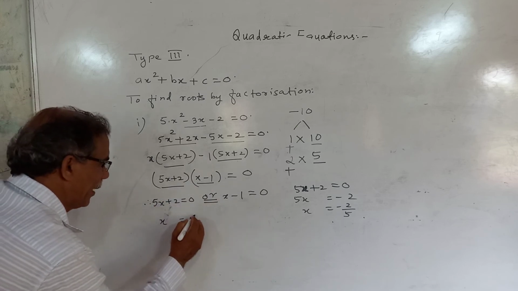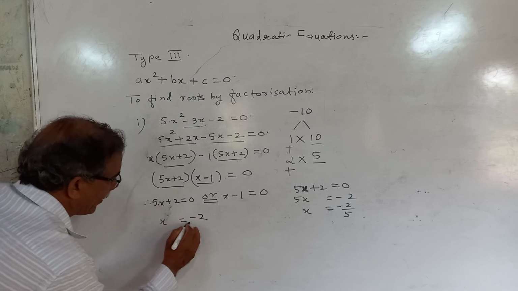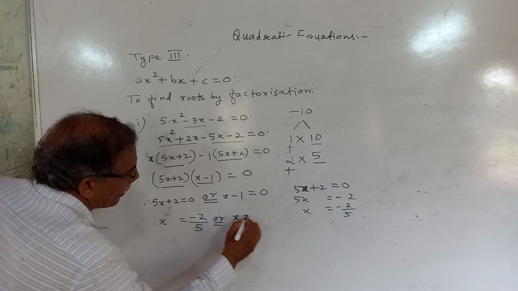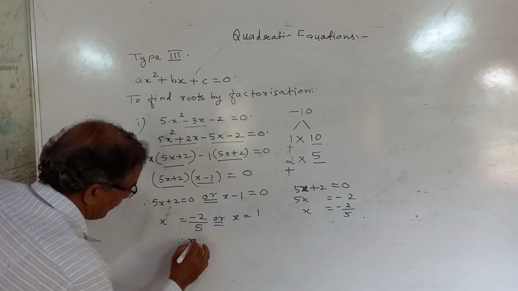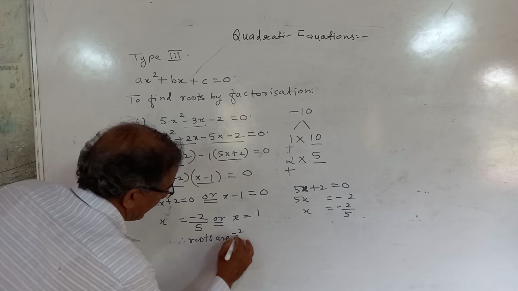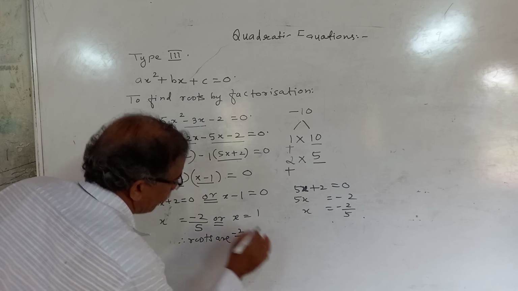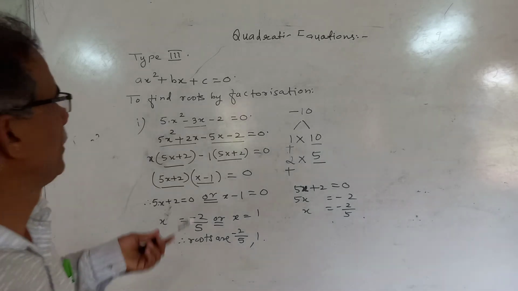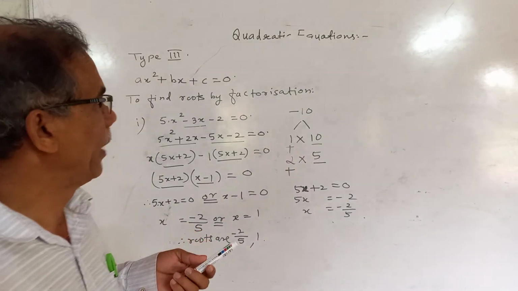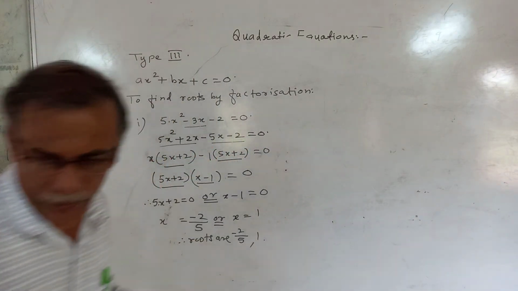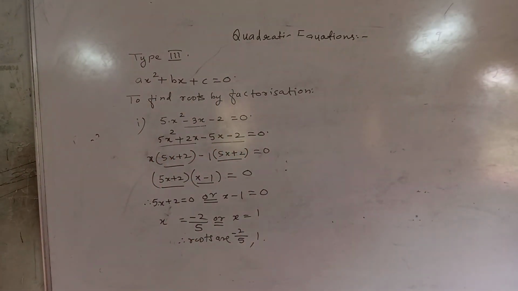Plus 2 will be minus 2 and into 5 will be upon 5. Or here, x is equal to 1. And therefore roots are minus 2 upon 5, 1. So this is our factorization. Roots are obtained by factorization method. I shall give you one more example.